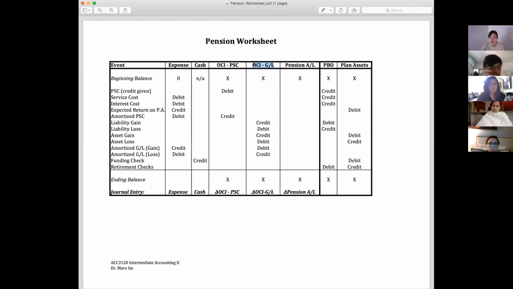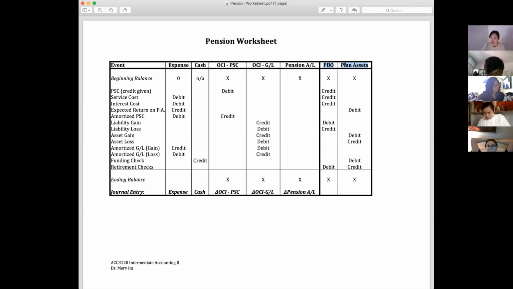Therefore, we are skipping this column, OCI for gains and losses, but then we will use expense, cash, OCI prior service cost, and pension asset or liability. All right. Now, on the right-hand side, we see 2 columns, PBO and plan asset.